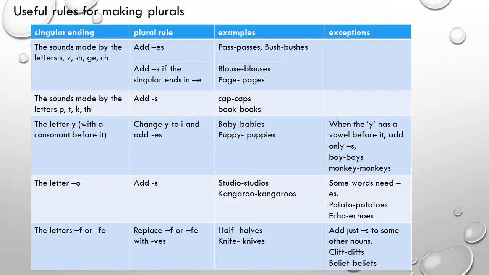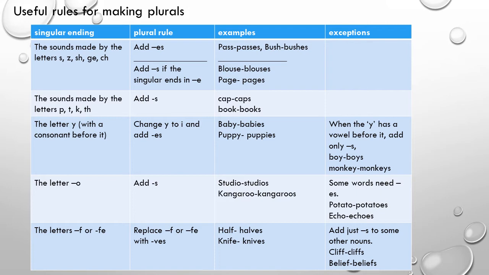In the first column, singular ending. What does it mean here? It means the words which are ending with S, Z, SH, GE and CH. How do we make the plurals from these singular endings? We add ES with those words which end with S, Z, SH, GE or CH.